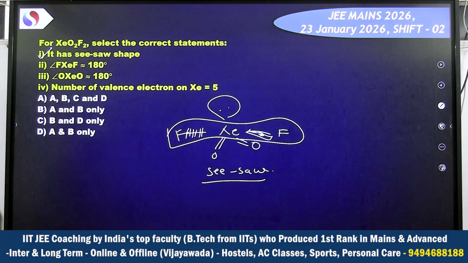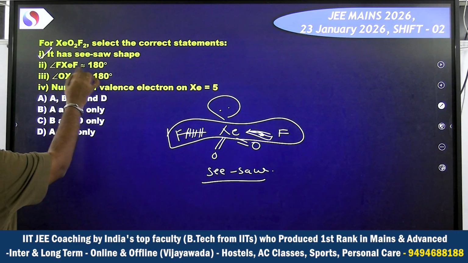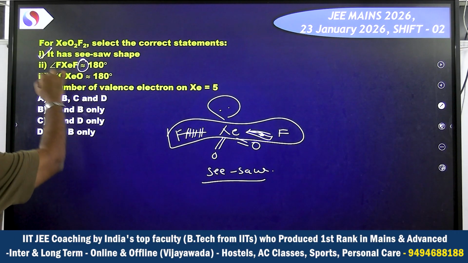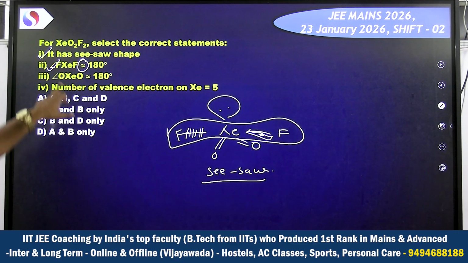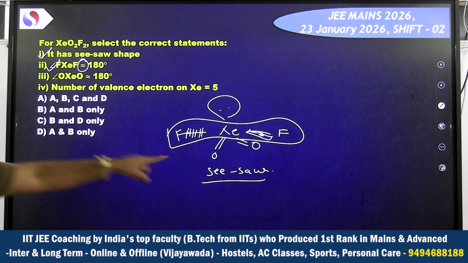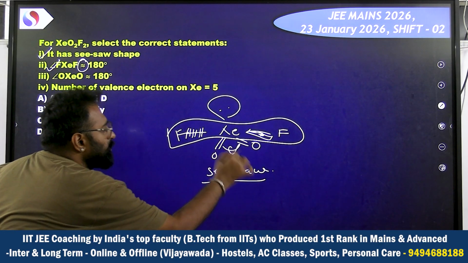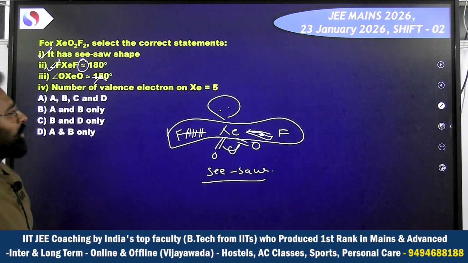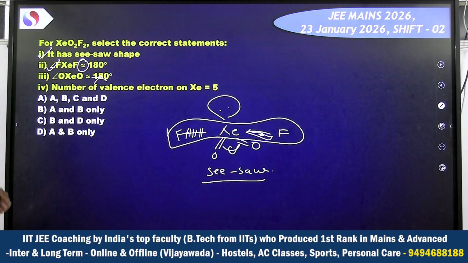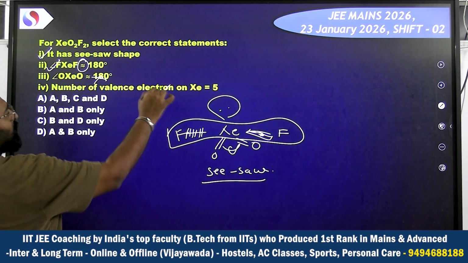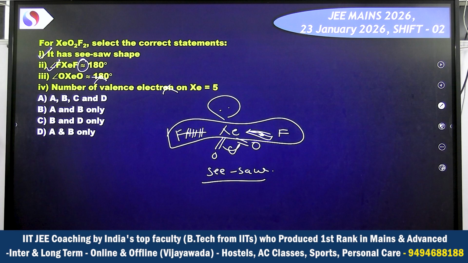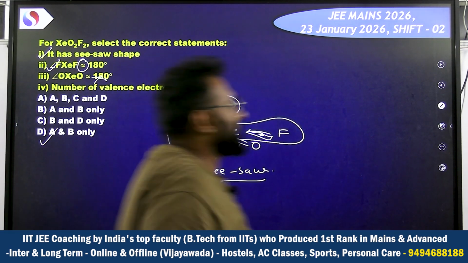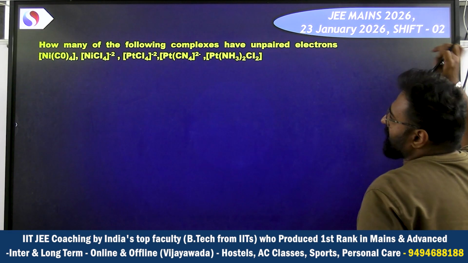So near to 180 degree, matlab option number 2 is also correct. No, this angle is not equal to 180 degree, so this is wrong. The number of valence electron of xenon is 8, so obviously this is also wrong. So first and second are correct. Only A and B are correct. Simple question.